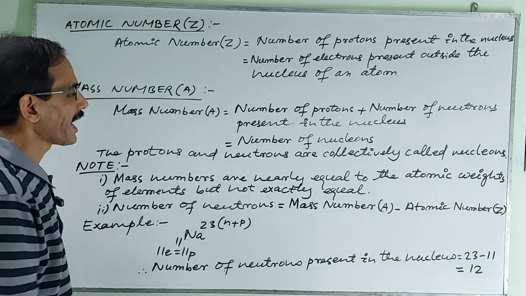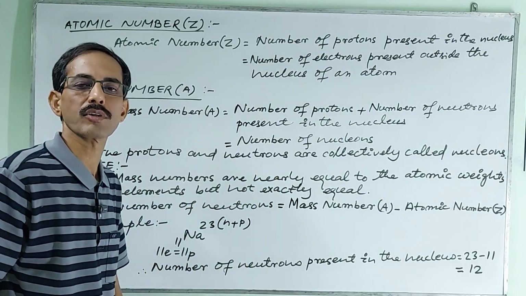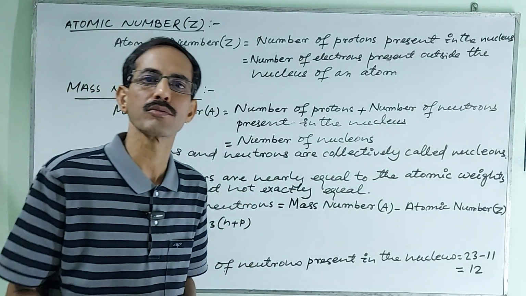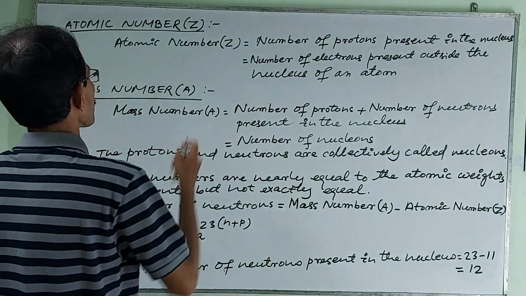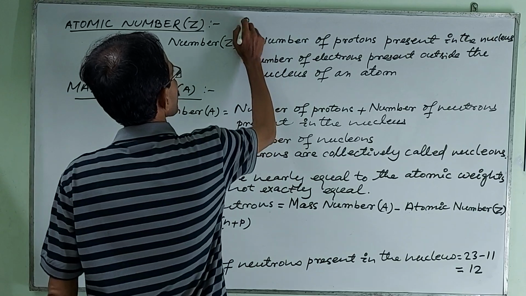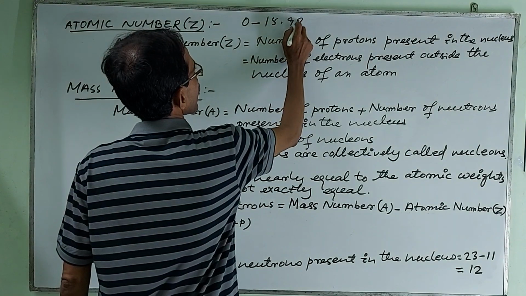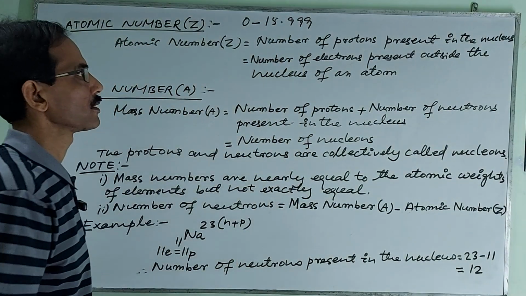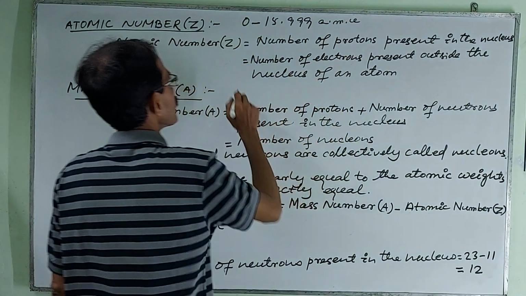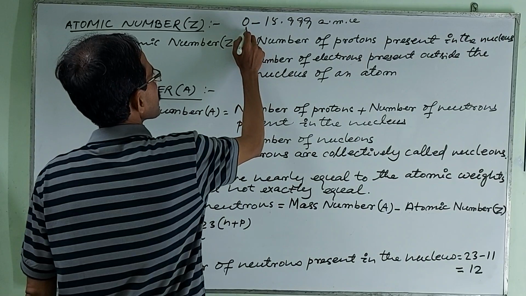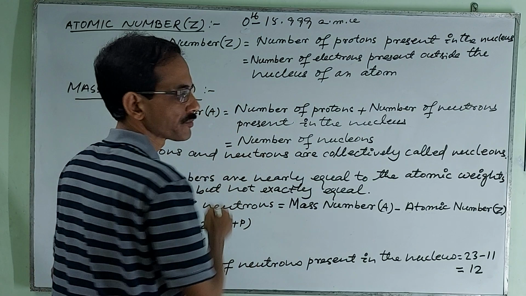Note, mass numbers are nearly equal to the atomic weights of elements, but not exactly equal. For example, the exact atomic weight of oxygen is 15.99999 AMU, while its mass number is 16.